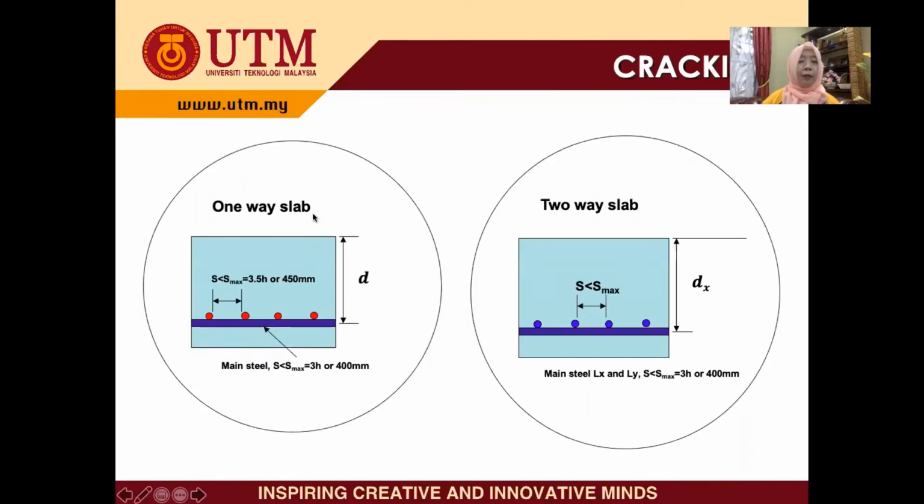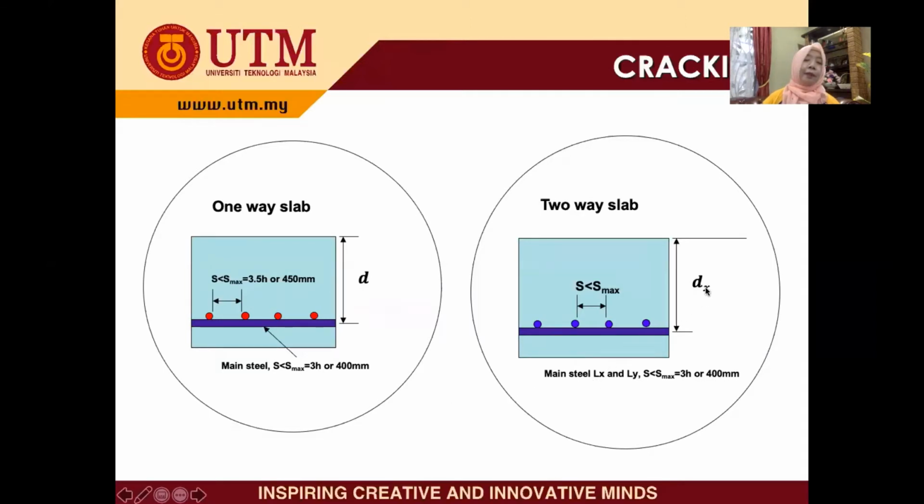So for a one-way slab, the blue reinforcement spacing must be less than S max, 3H or 400, and the secondary must be less than 3.5H or 450 mm, whichever is lesser. And for the two-way slab, both of them must be less than 3H or 400 mm.